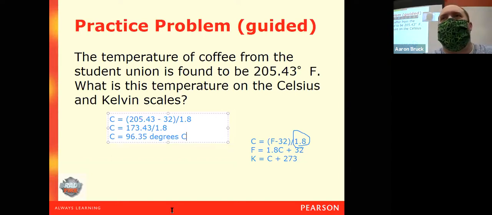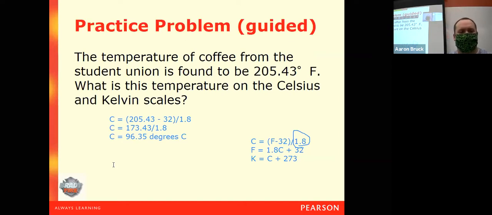The boiling point of water is 212 Fahrenheit, and we're near that point. We expect that we're going to be near the boiling point of water for Celsius, which is 100. And 96.35 is certainly close enough to that. So part one, ding, we got it done.